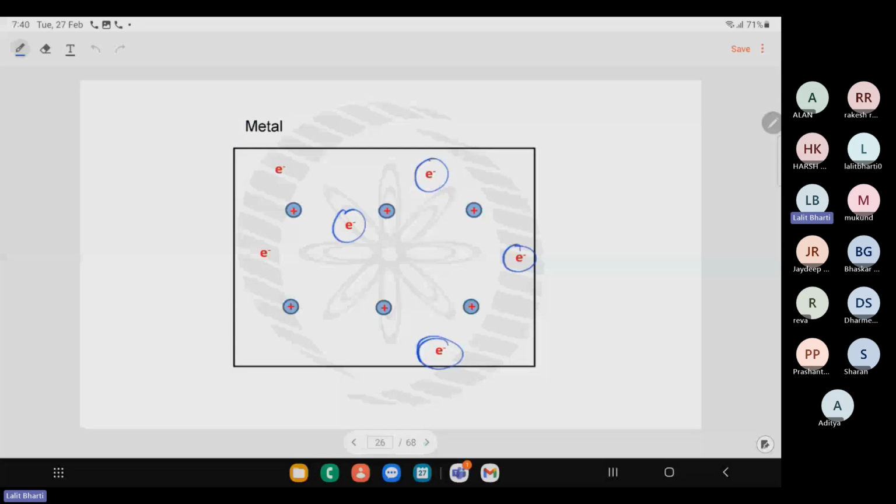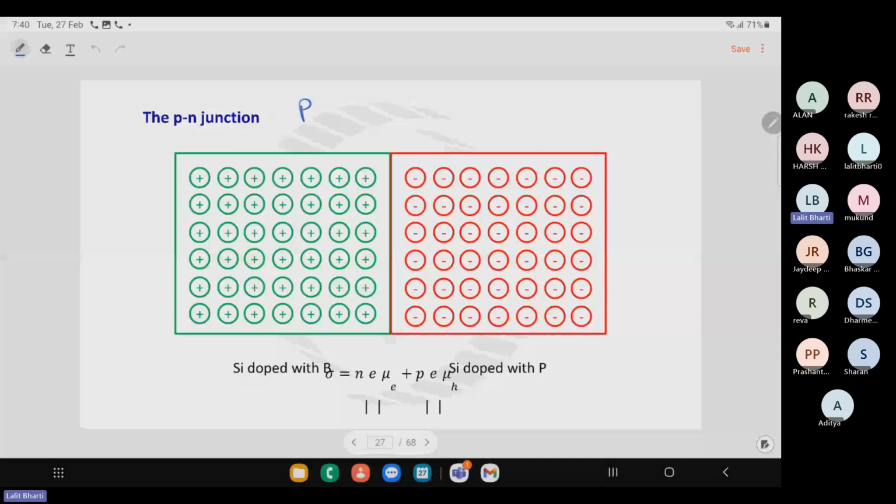So this is a PN junction. Basically, we will put a P-type material together with an N-type material and see what happens. Both these materials are made of silicon. Only the type of doping will be different. One will make an N-type material and one will make a P-type material.